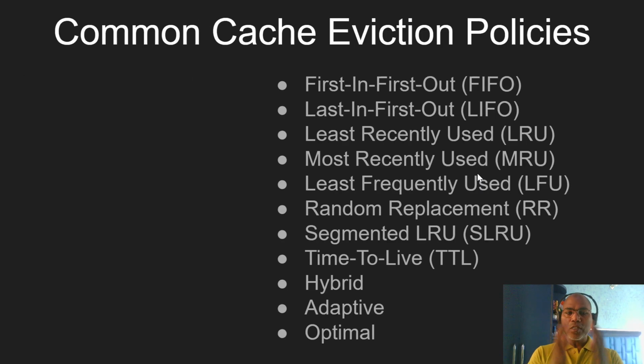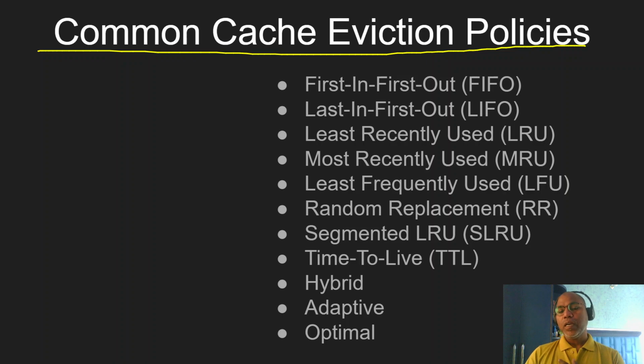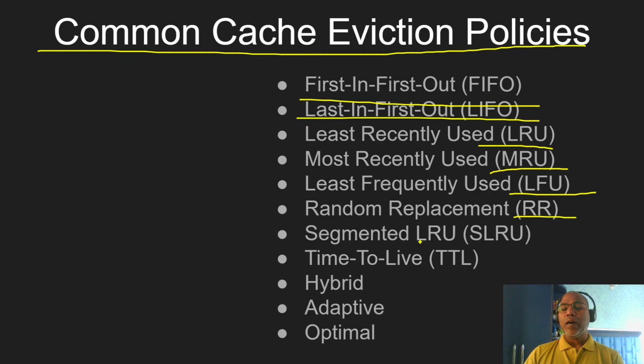There are a couple of policies, and surely we cannot discuss each and everything because the list is so huge. But these are the common cache eviction policies: first in first out, last in first out, least recently used or most recently used, least frequently used, random replacement, segmented LRU, time to live, hybrid, adaptive, optimal.